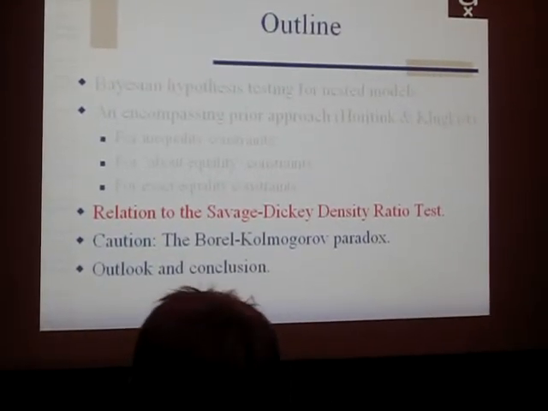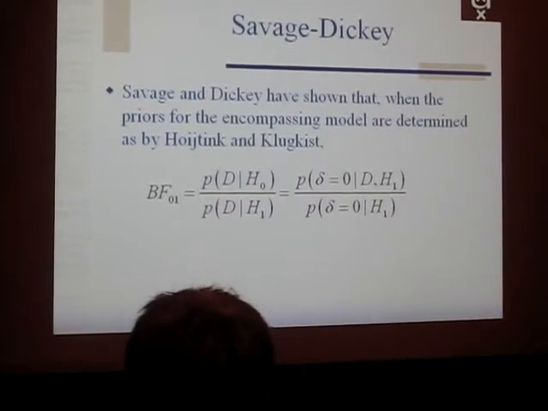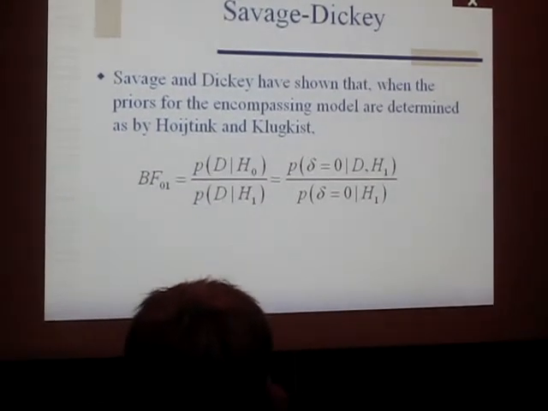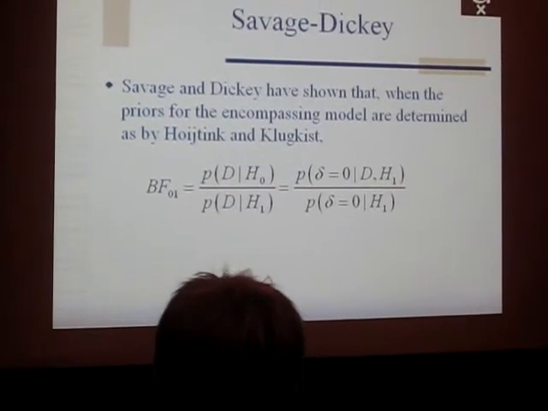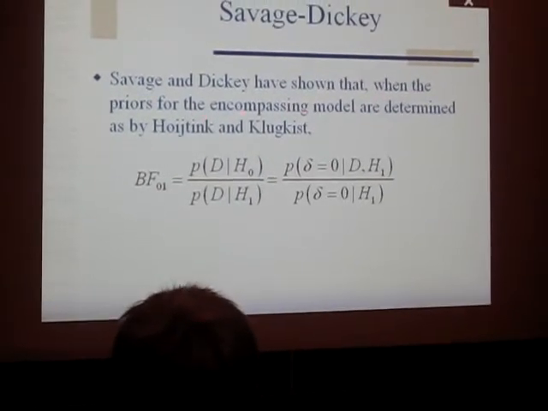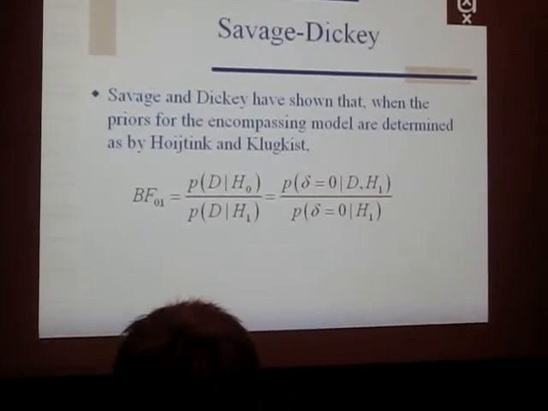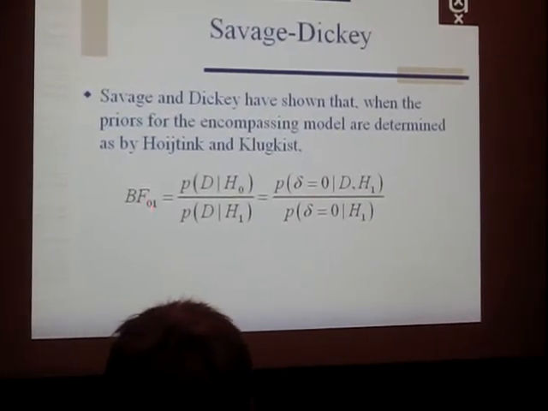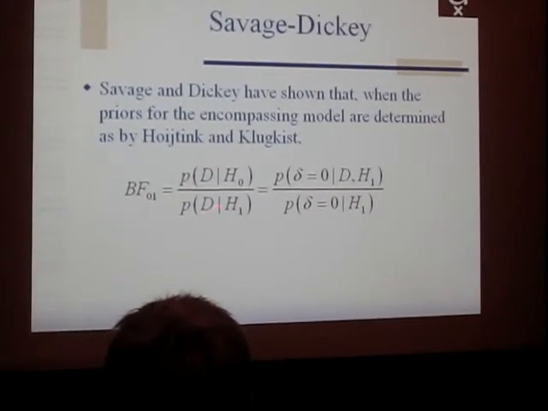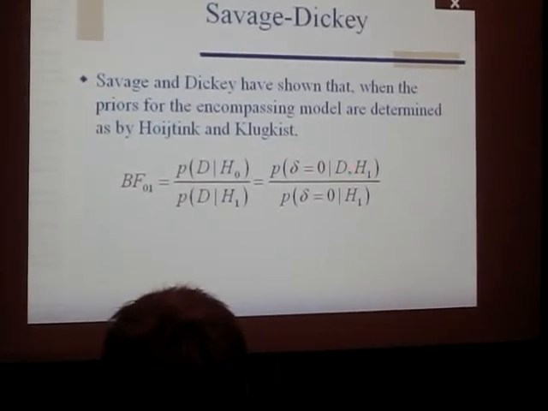And that brings me to the second: the Savage-Dickey density ratio test. I should explain the Savage-Dickey ratio test first, I guess. Savage and Dickey have shown that when the priors for the encompassing model are determined just as Hoijtink and Klugkist do, you have a Bayes factor here, probability of the data given the null divided by probability of the data given the alternative, and then you get this.